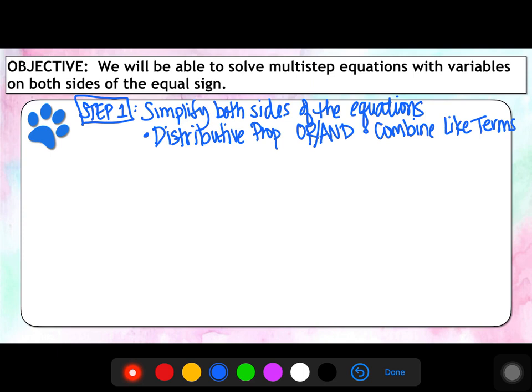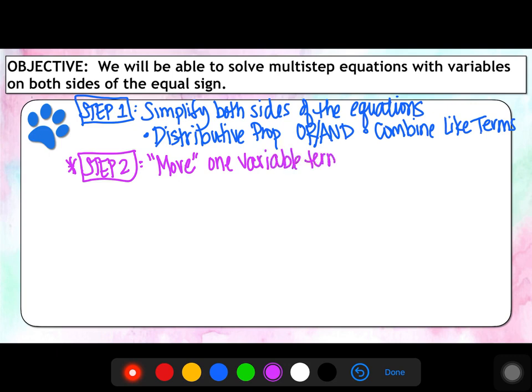So we're going to simplify first, and then we're going to make it look like there's nothing else you can do. Then what we want to do, and this is the new part, is we want to move one variable term to the other side.